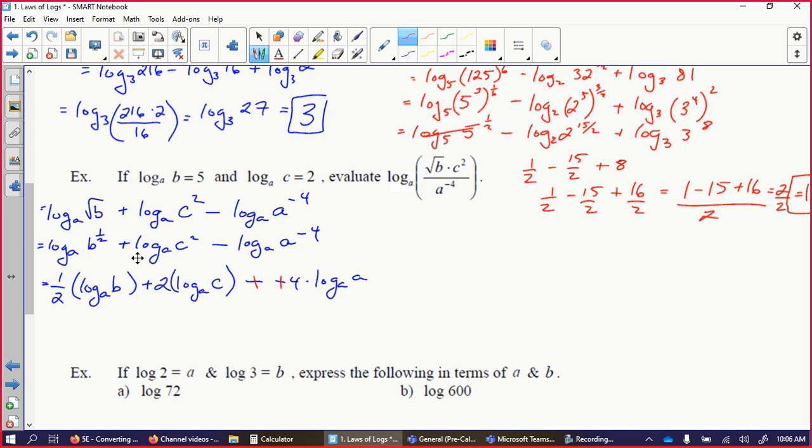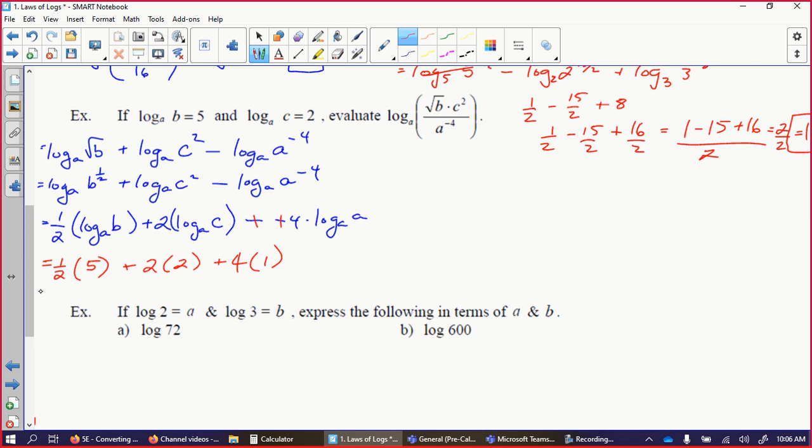Well, log base A of B is 5. Log base A of C is 2. Log base A of A is 1. Oh dear.